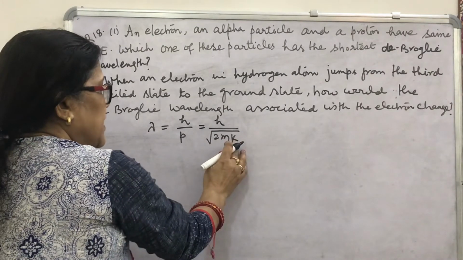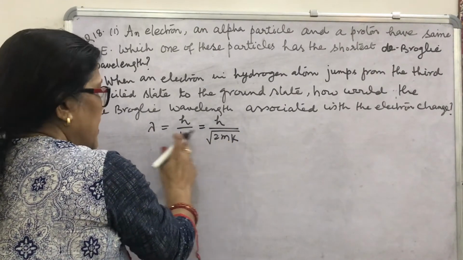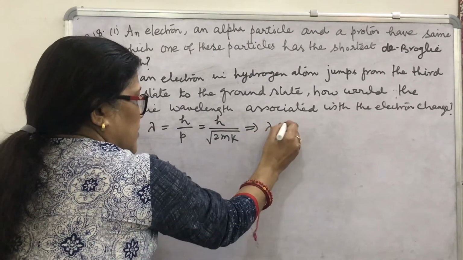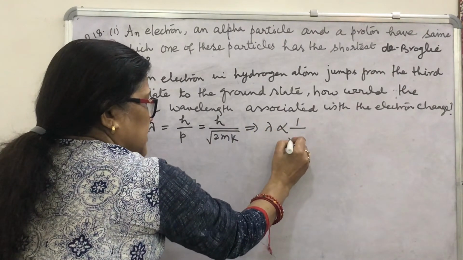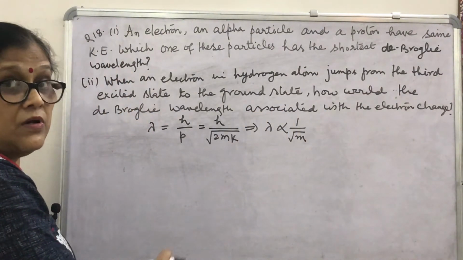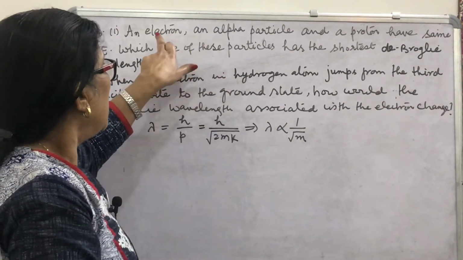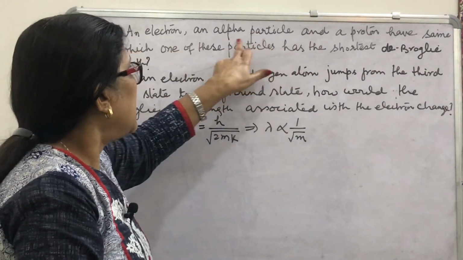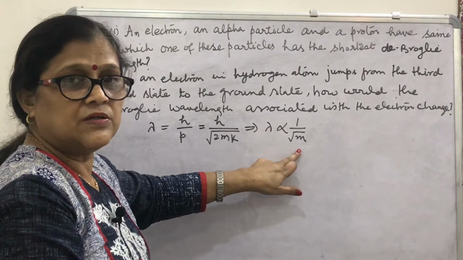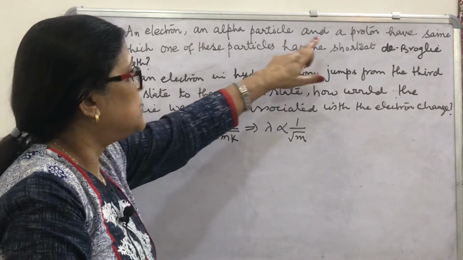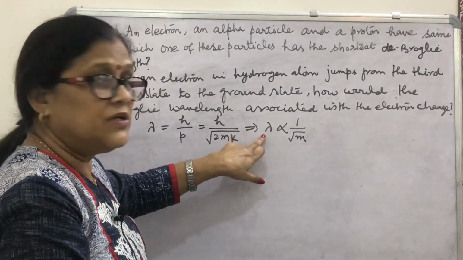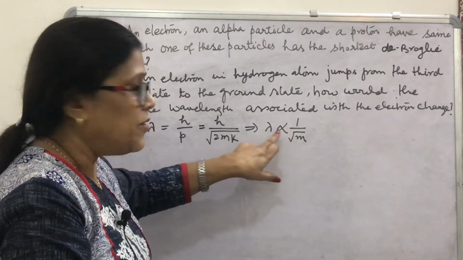For the same kinetic energy, now lambda and m, how are they related? Look, you can conclude here that lambda is inversely proportional to root m. Now simply, since among electron, alpha and proton, the alpha particle has maximum mass as compared to the electron and proton, lambda will be the shortest: m will be more, lambda will be lesser.